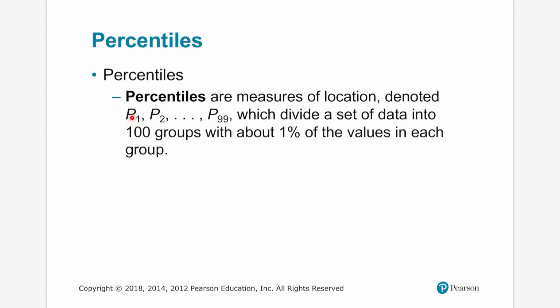P1 means there will be 1% below this number and 99% above. P2 means there will be 2% below this number and 98% above. If you have P5, that means 5% below that number and 95% above. P99 means 99% below and 1% above.